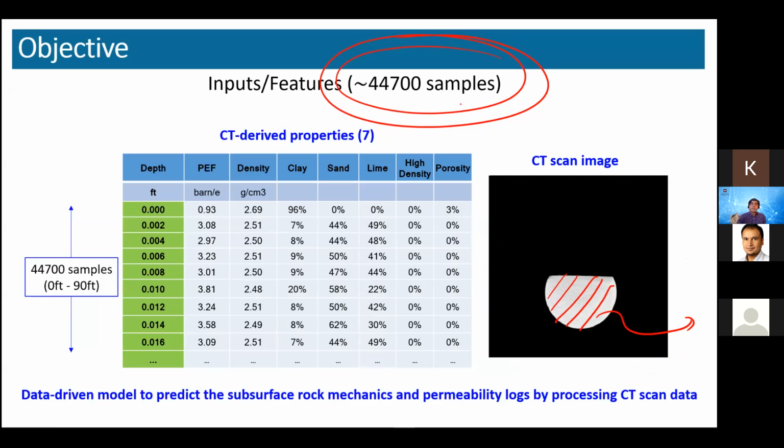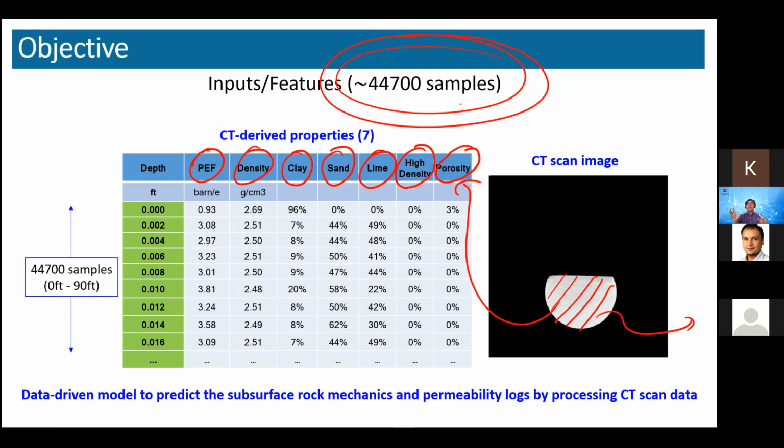In addition, the service company that I was working with used their own computational models to generate photoelectric factor, density, clay content, sand content, limestone content, content of high density material, and porosity. The service company generated these 7 CT derived properties from the CT scan.